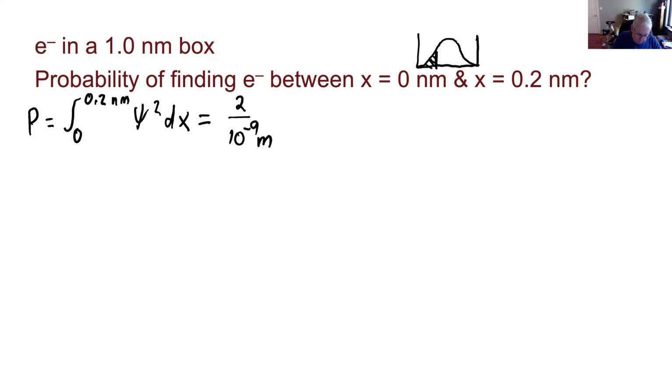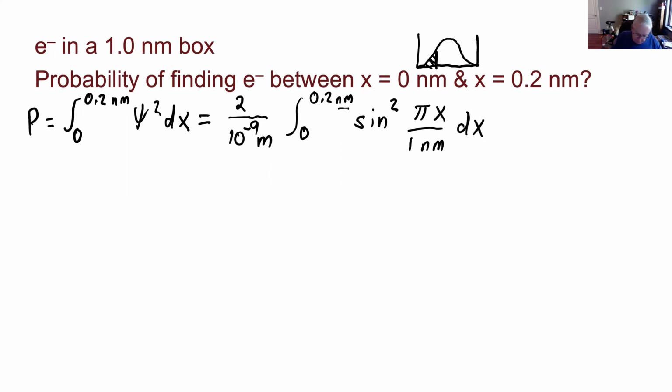That's just my normalization factor. Then I've got the integral from 0 to 0.2 of sine squared. N is still 1, so we'll just say pi x over 1 nanometer. Just like before, my units here, because x is in nanometers or implicitly in nanometers because I have the limits that way, and I have my dx here.